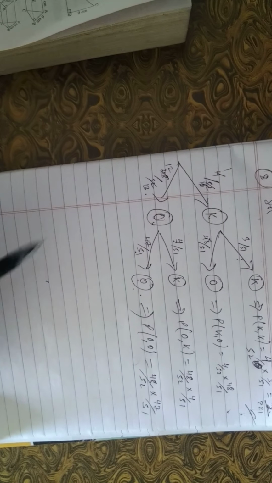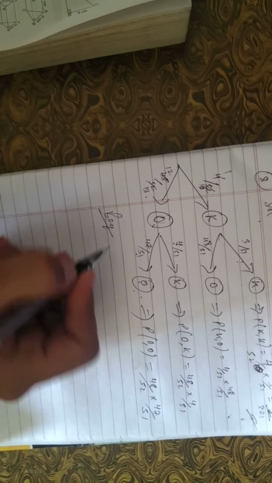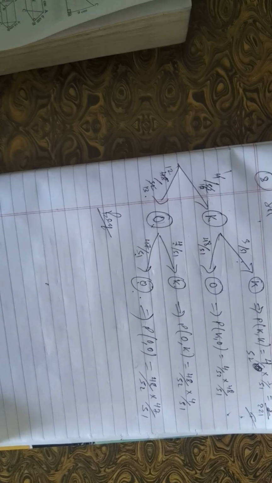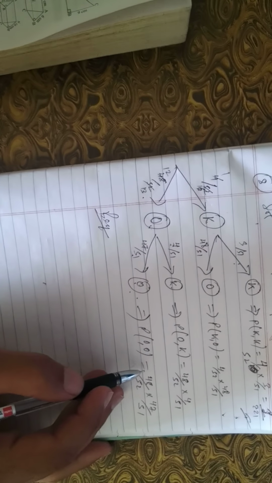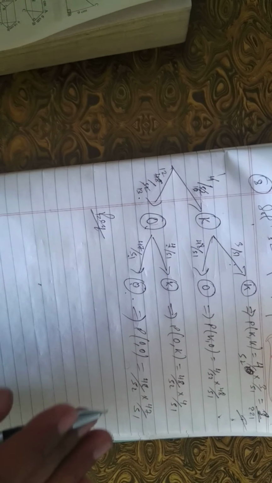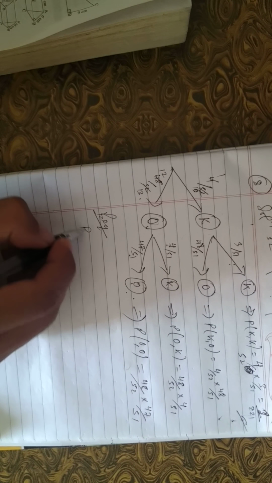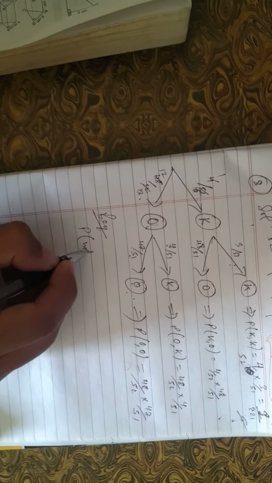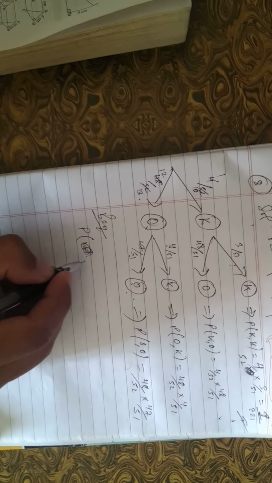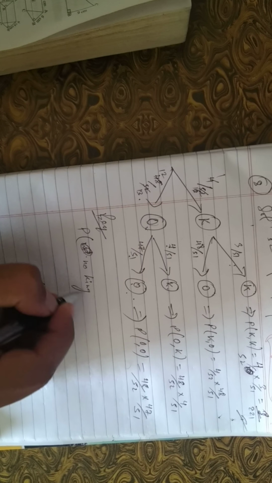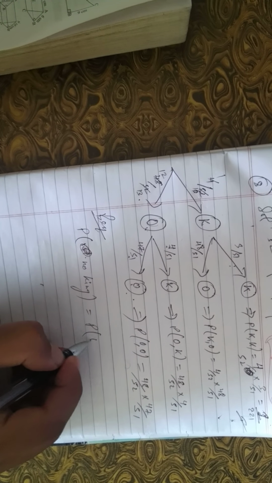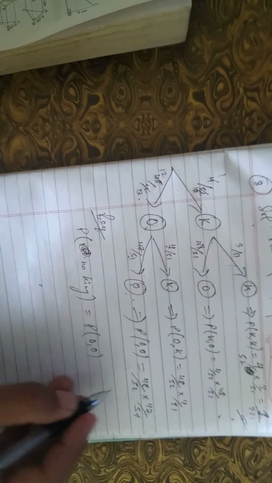If the question asks again, what's the probability of getting no kings? Basically it's this probability over here.